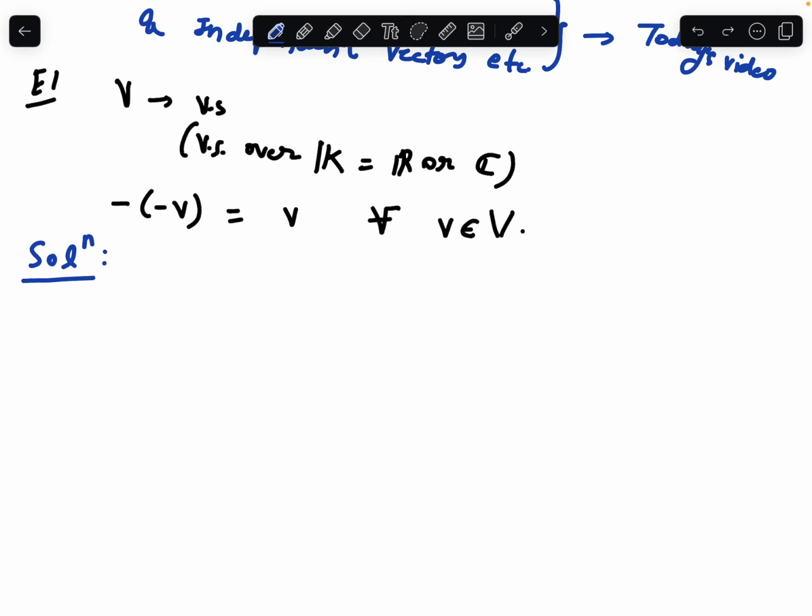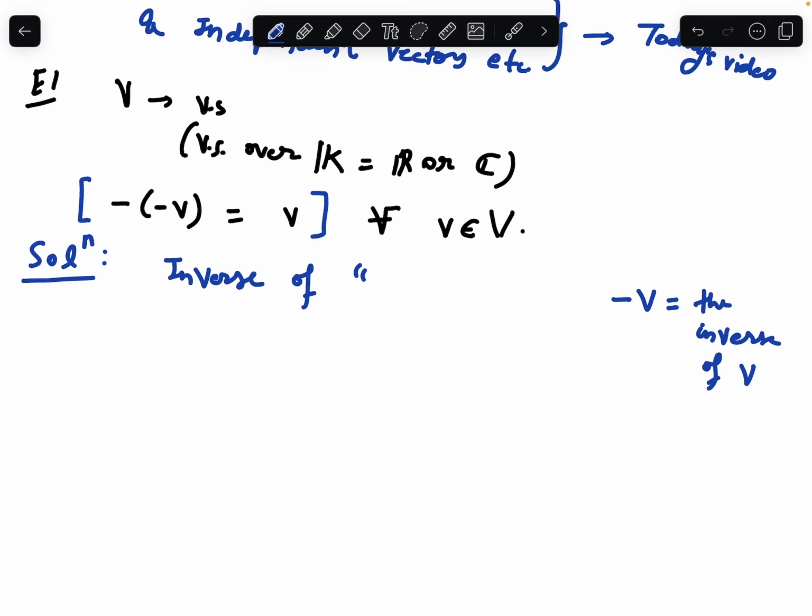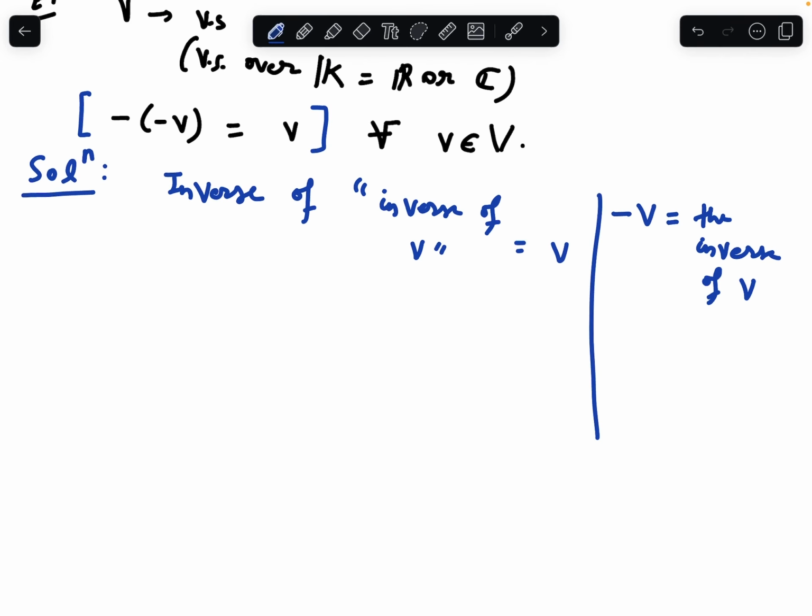What this statement says is that inverse of, because recall that from our last video, negative of V means the inverse of V. So this can be written as inverse of inverse of V is equal to V, right? This is what we have to prove.